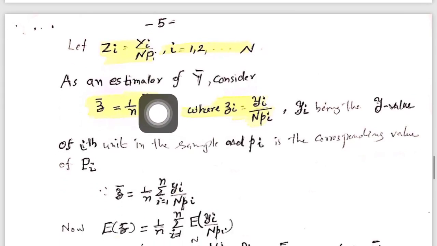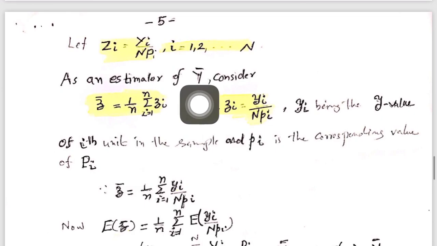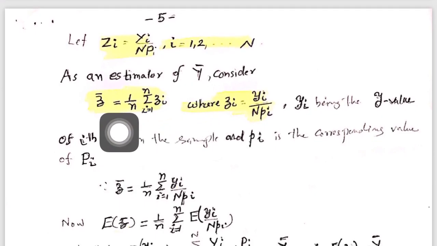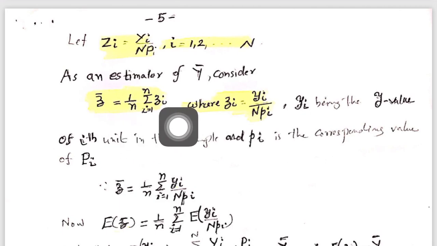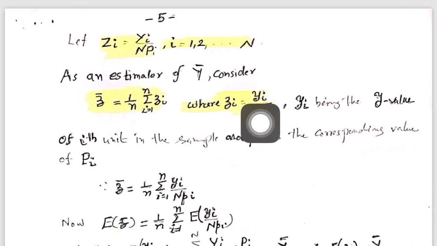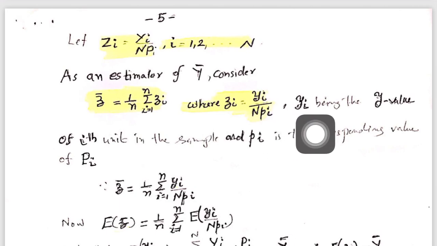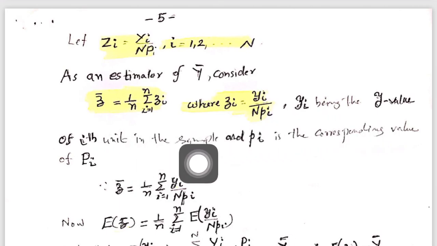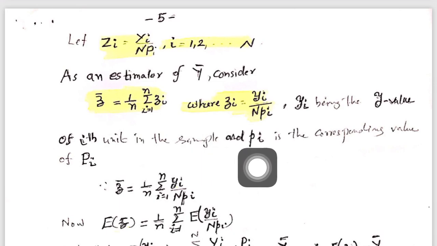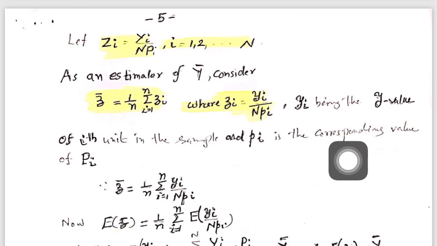Now we are going to suggest an estimator for capital Y bar, and I define a sample estimator Z bar, which is equal to the sample mean of small zi's, where small zi is equal to small yi divided by capital N into small pi, where small yi is the Y value of the ith unit in the sample, and small pi is the corresponding value of capital Pi.